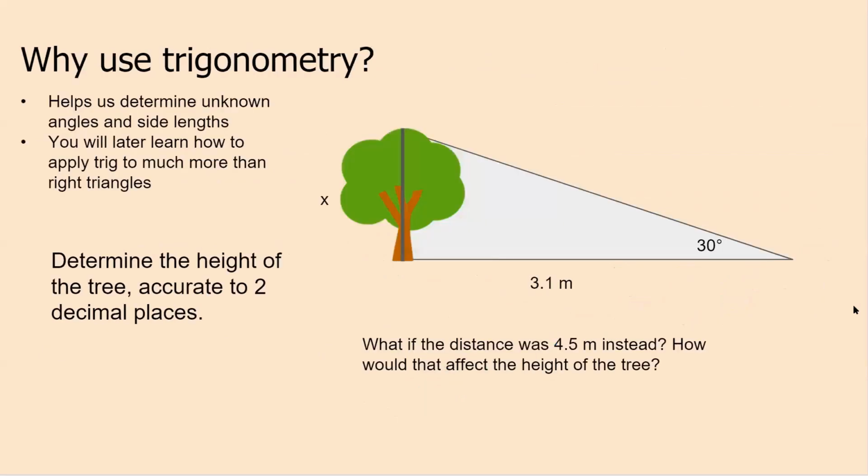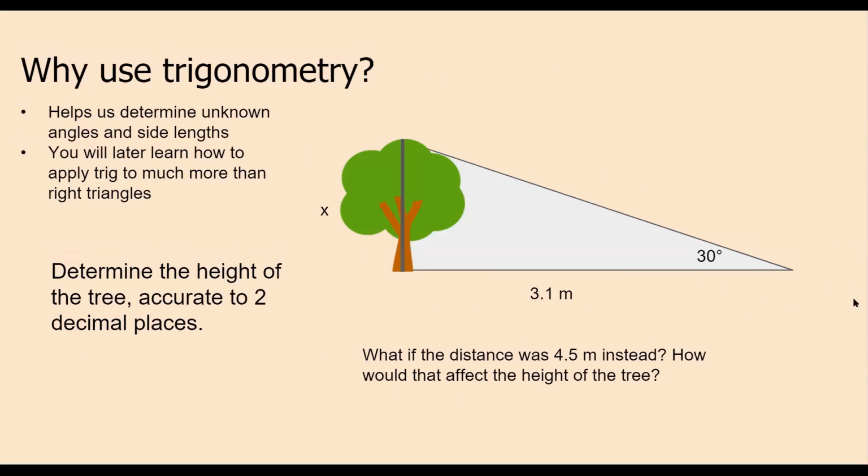Okay, so you might all be wondering, learning all these ratios is great, but when are we actually going to use them? Well, first of all, you will need these fundamentals in higher level math courses, but I'm going to give you an example. Say you want to find the height of a tree. The height of the tree we're going to call x.